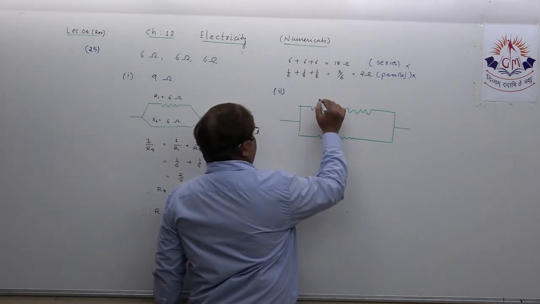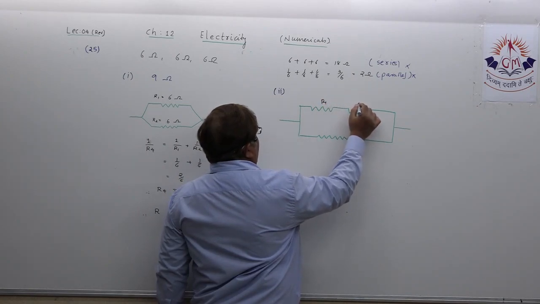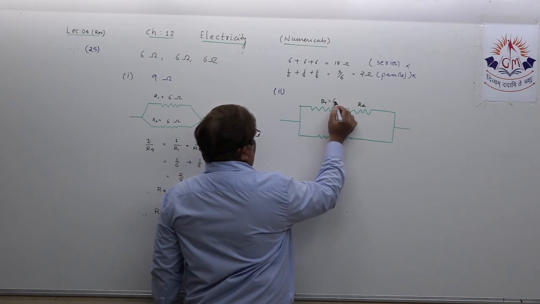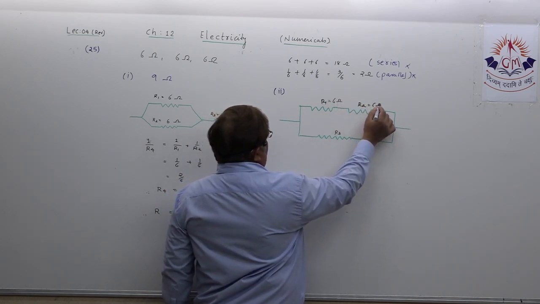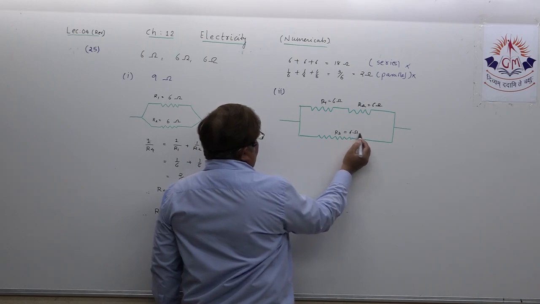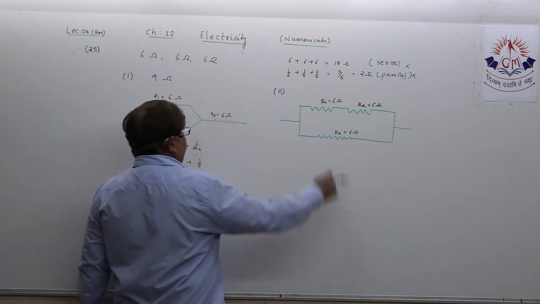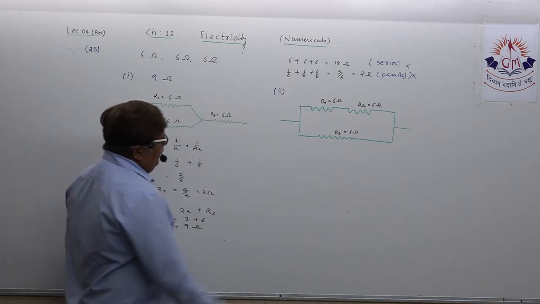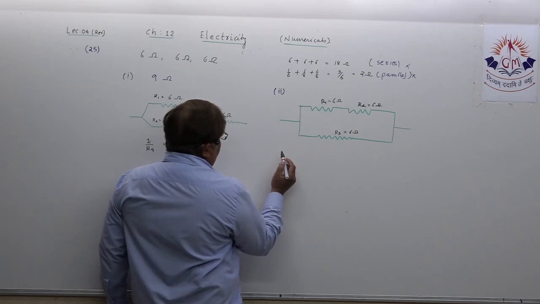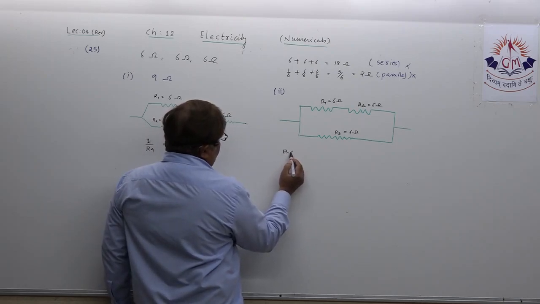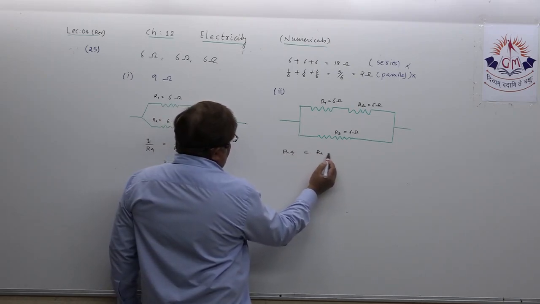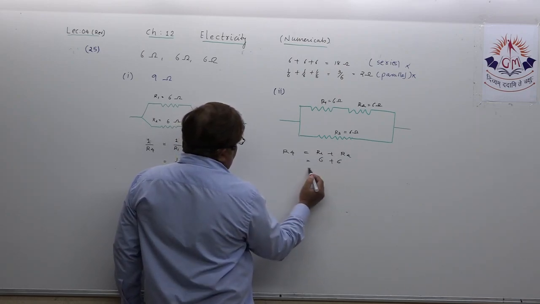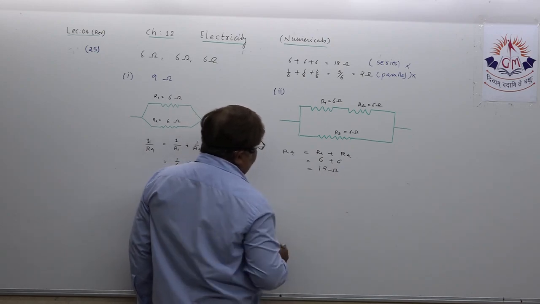Let me call them R1, R2, R3. All are of 6 ohm, that you all know. This is also 6 ohm. The equivalent resistance of the first two we will call R4. So let us try this out. R4 equal to R1 plus R2, 6 plus 6, that is 12 ohm.